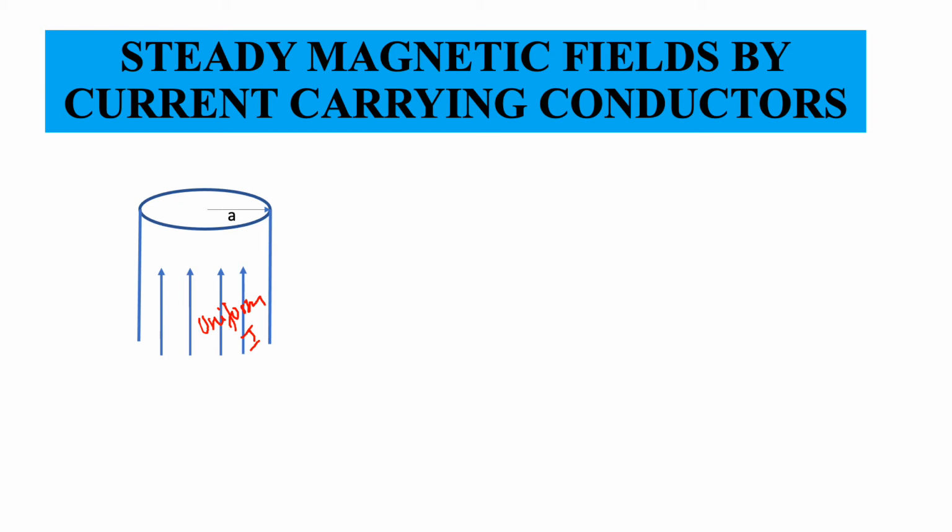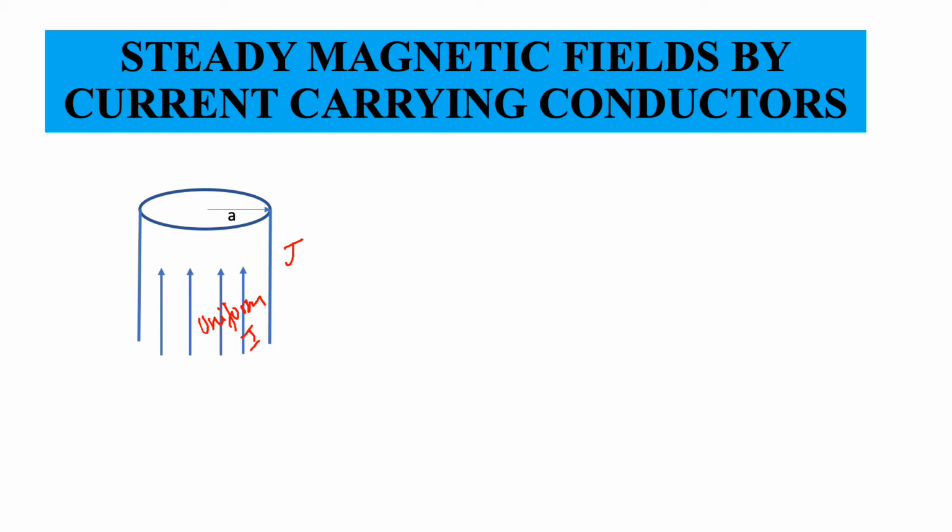If you look from the top view of this, this is the conductor that is carrying current, and we will assume that the current itself is uniform. More precisely, one can assume that the current density J is going to be uniform.